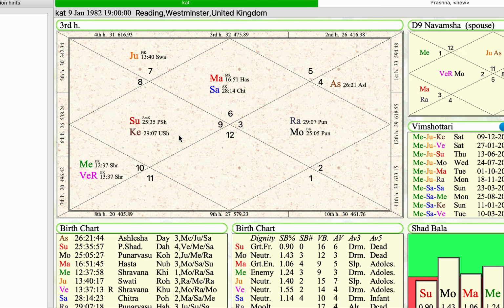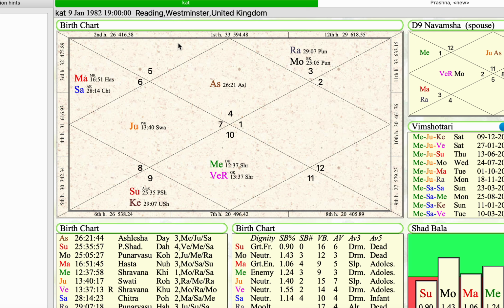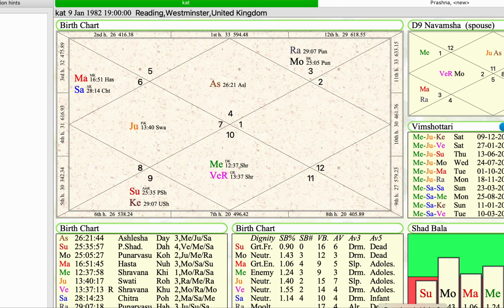So what he is saying is, for example, if the lord of either the second, 10th, or 11th is in Kendra from the moon, so we know that Mars is in Kendra from the moon, because Mars is the lord of the 10th house, and Jupiter is the lord of the second, 11th, and 5th house in the Kendra.